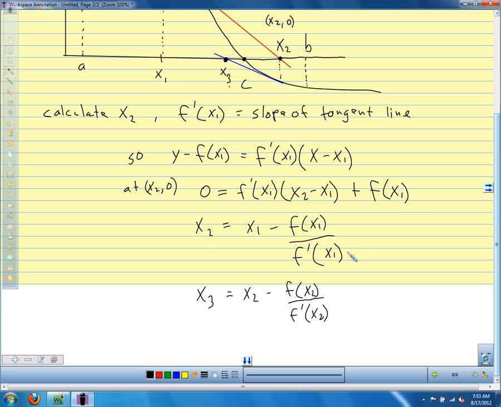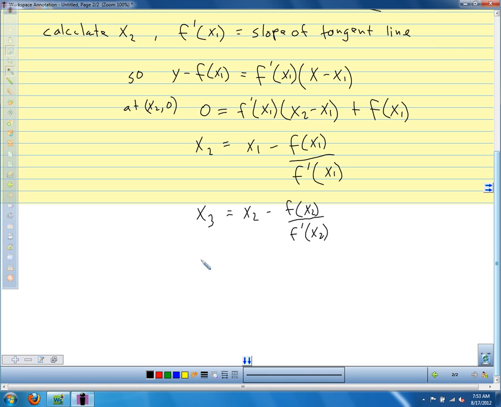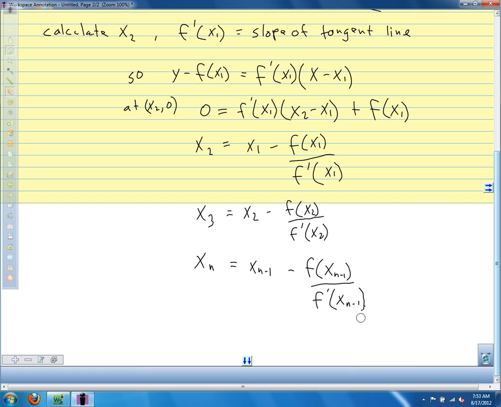If we generalize it, the way you often see it written is x sub n is x sub n minus 1 minus f of x sub n minus 1 over f prime of x sub n minus 1. So we just have this recursive formula for our zeros.